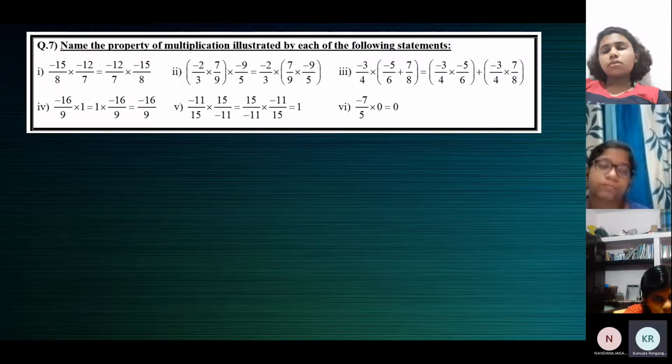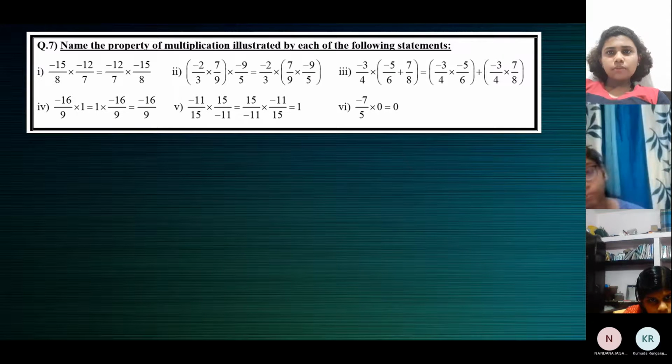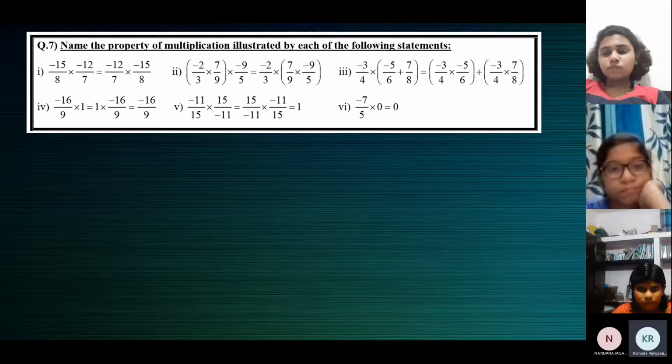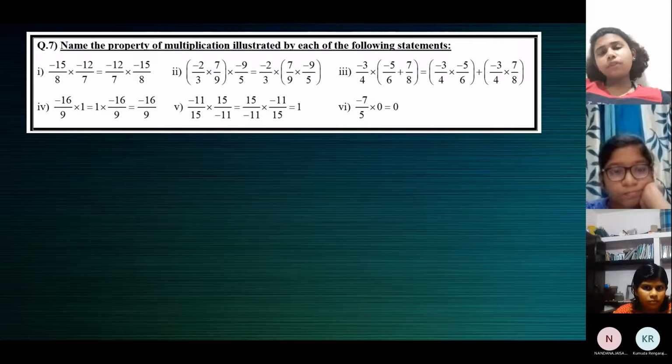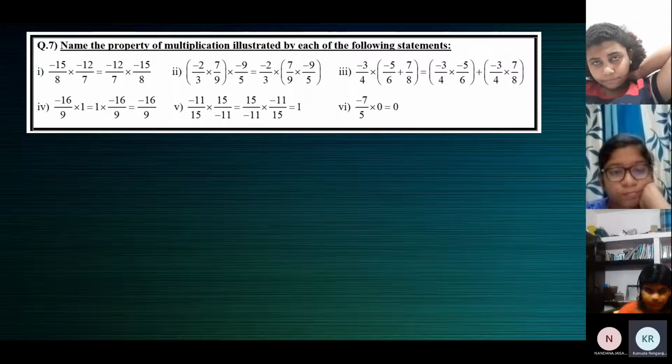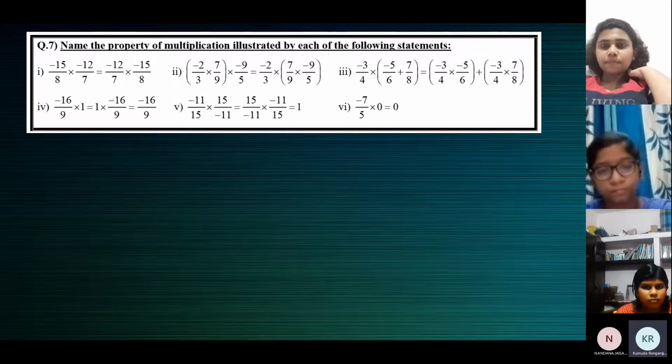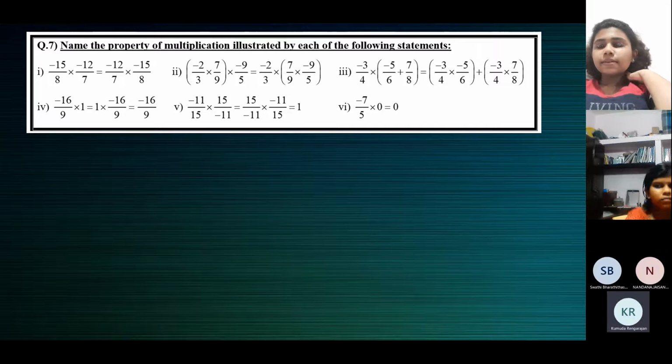How many rational numbers do you see in the LHS or in the RHS? Two, ma'am. Or in the statement, in all, how many rational numbers are there? Four, ma'am, but we have the same thing, the same thing is repeated. So we have 2. If it is 2, what property can it be?